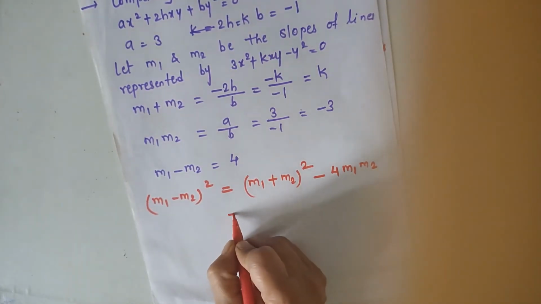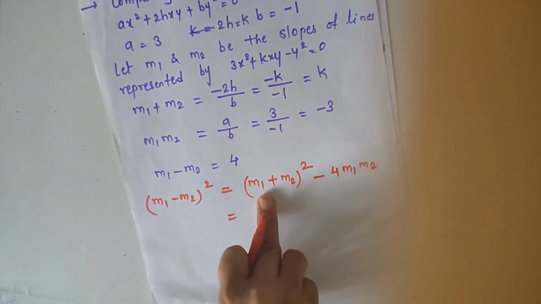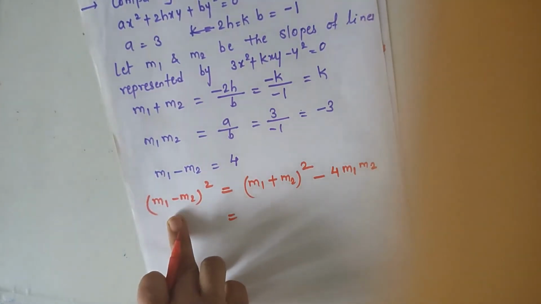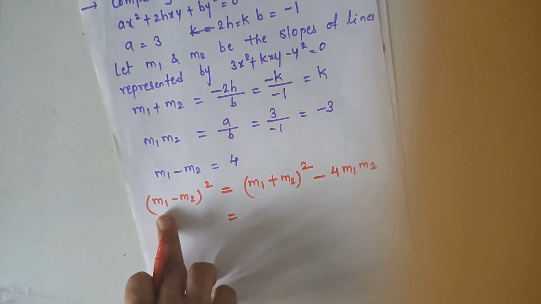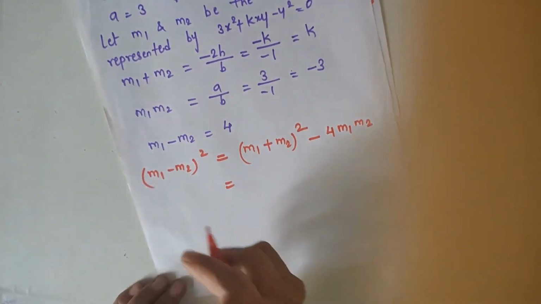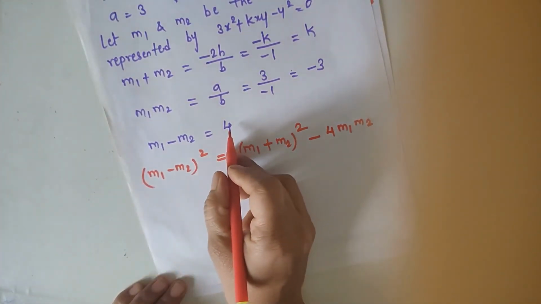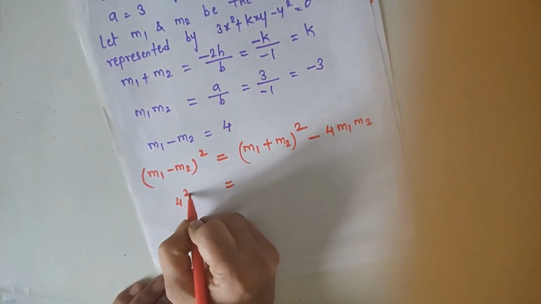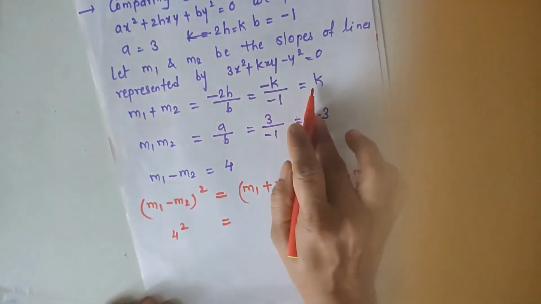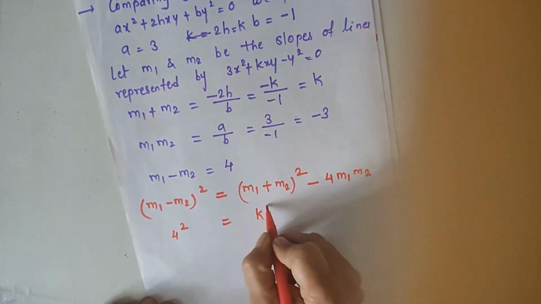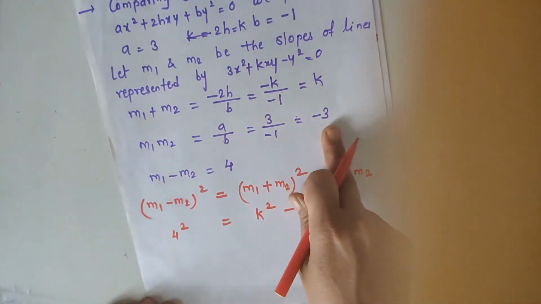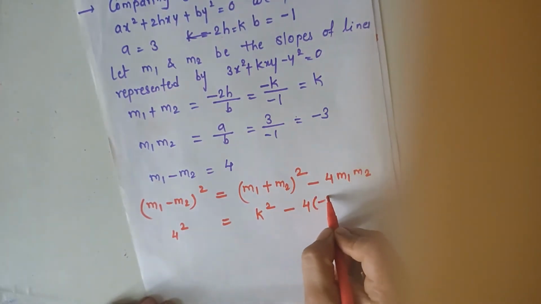So here we can substitute the values of m1 plus m2 and m1 m2, and also by the given condition we can put the value of m1 minus m2. Substituting, 4 square is equal to (m1 plus m2) square, that is k square, minus 4 into the product of slopes, minus 3.